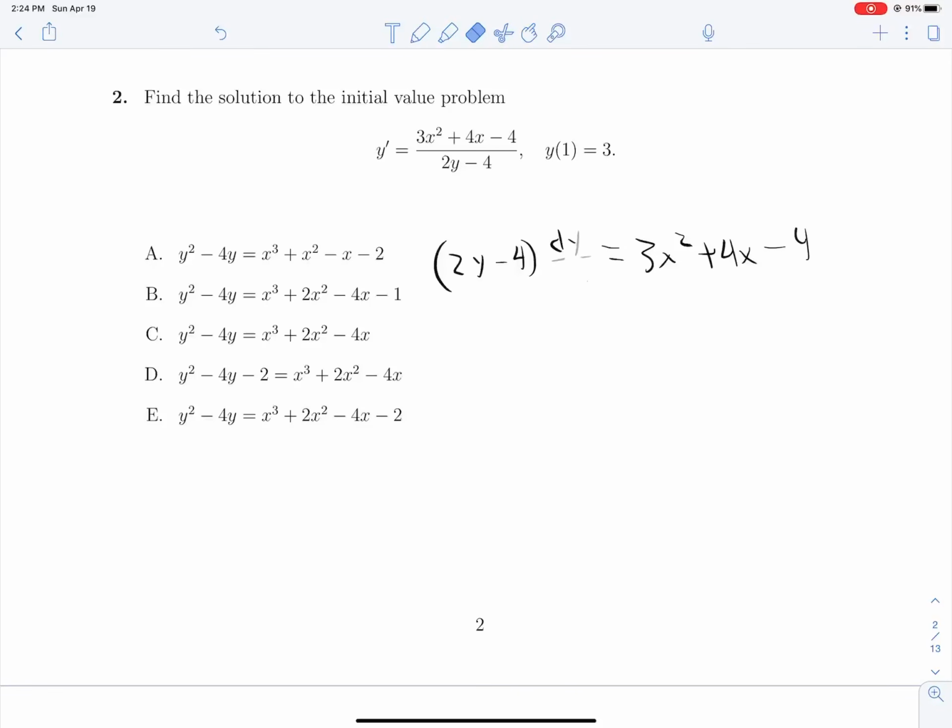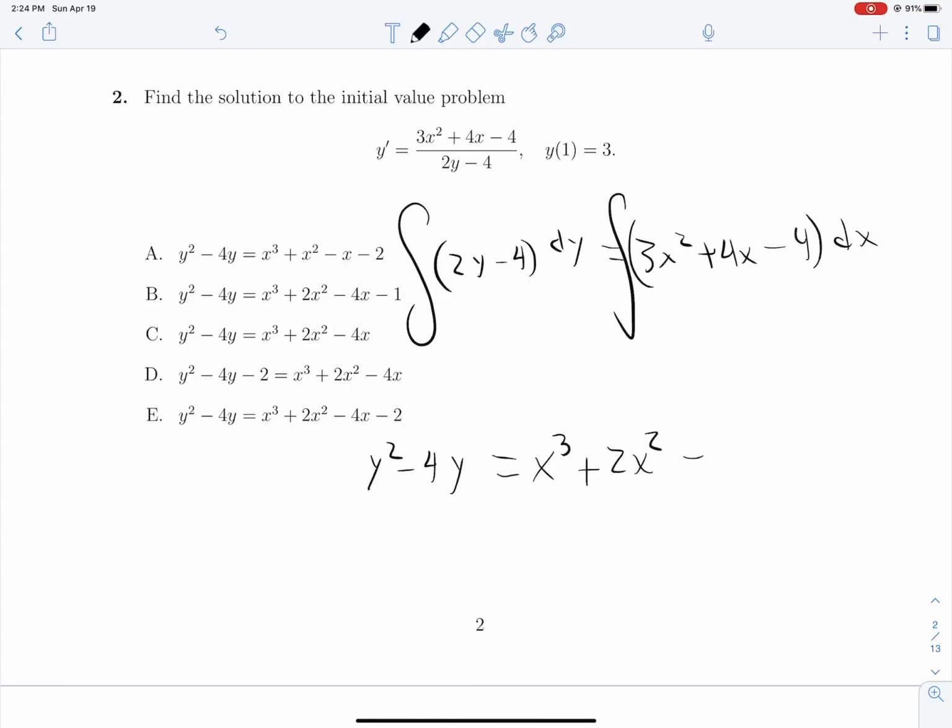We can multiply our dx over to this side and take the integral of both sides, and we'll end up with y squared minus 4y is equal to x cubed plus 2x squared minus 4x plus c.